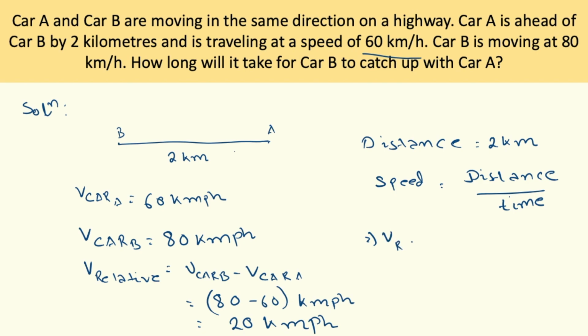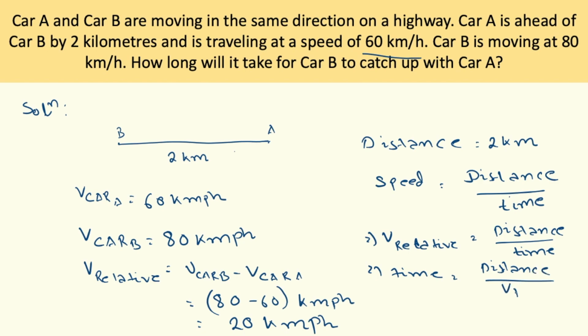So V relative equals distance by time. Hence time equals distance by V relative, which equals 2 divided by 20. This gives me 0.1 hours.